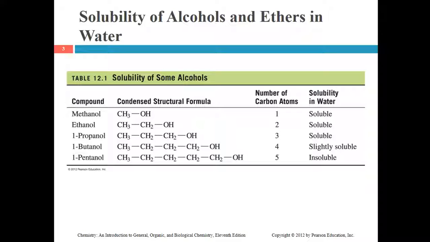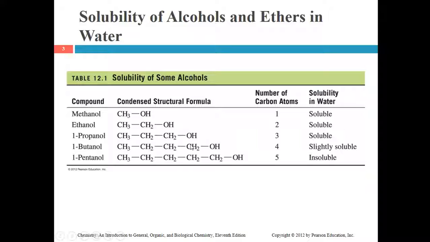If we look at table 12.1, you will notice with 1 carbon and the OH, very soluble, and 2 carbons, totally soluble, 3 carbons soluble. By the time we get to 4 carbons of our alcohol, it's only slightly soluble. Why?